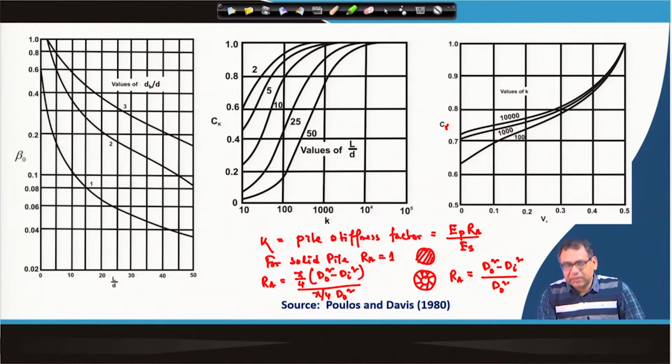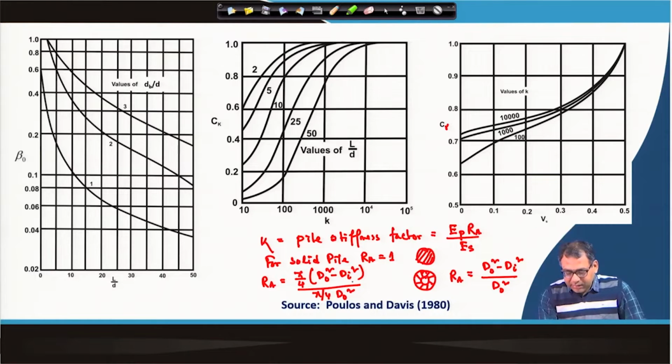So, this is equal to the effective area divided by the area covered by the outer surface of the pile.